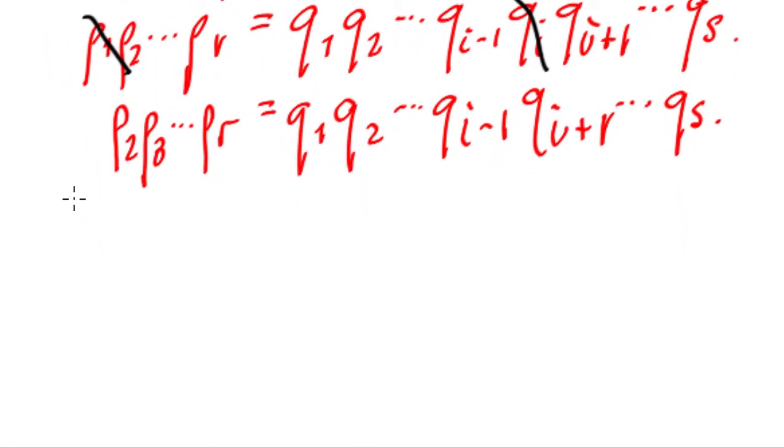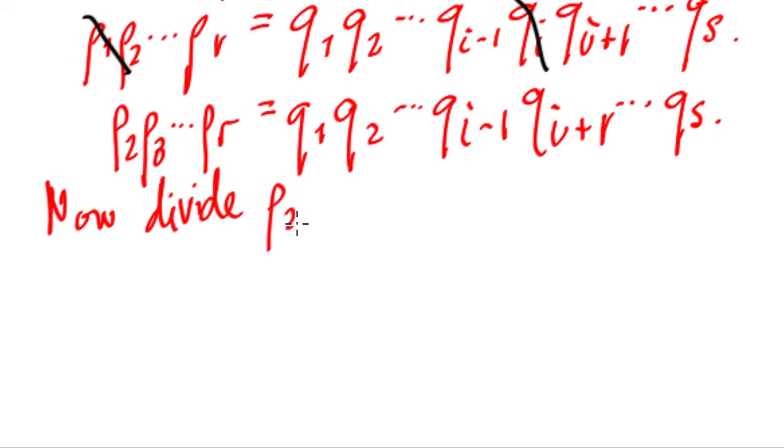Now we divide by p sub 2 for the whole equation.